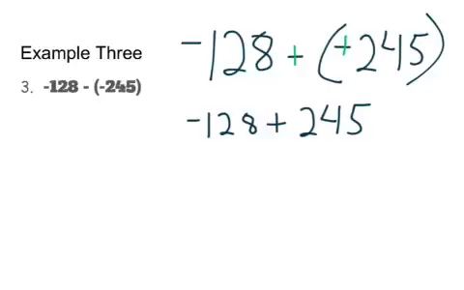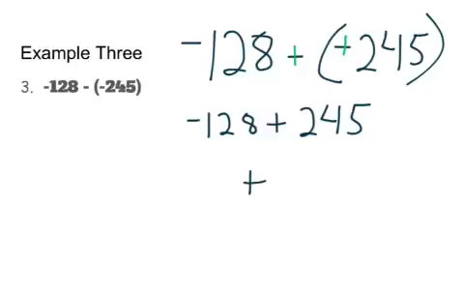So now we're back to an addition problem of integers, but we have a negative 128 plus a positive 245. So it's as if the negatives and the positives are competing against each other, and the integer with the largest absolute value is 245, and it's the positive, so you know your answer is positive.